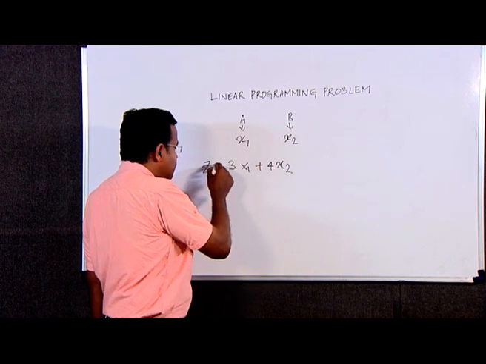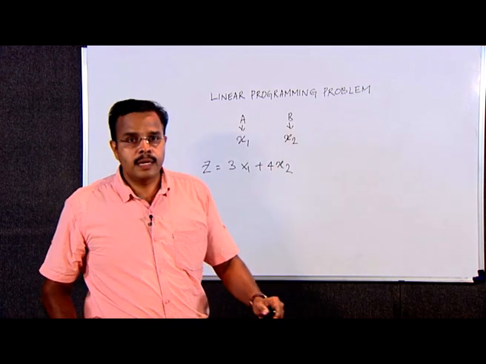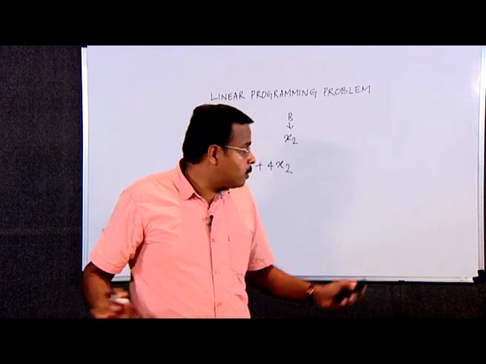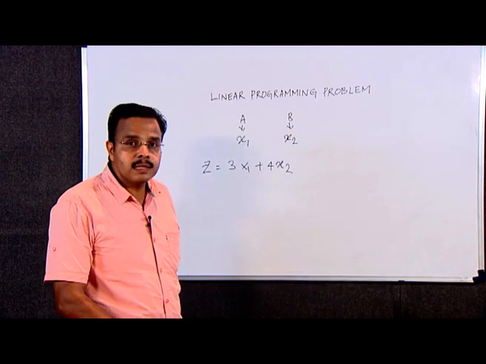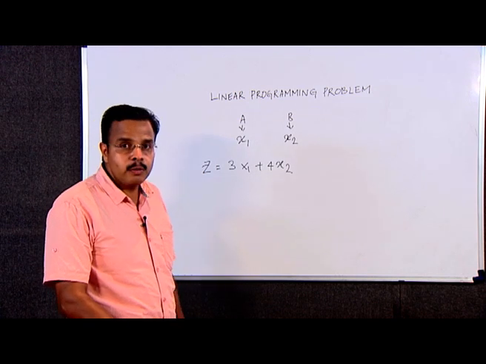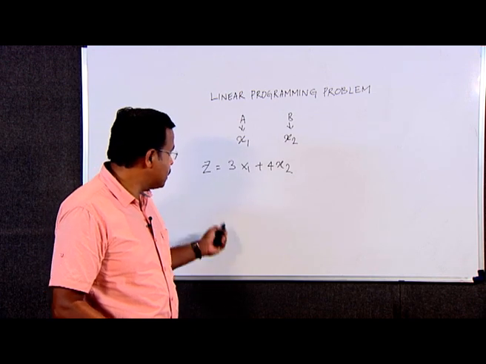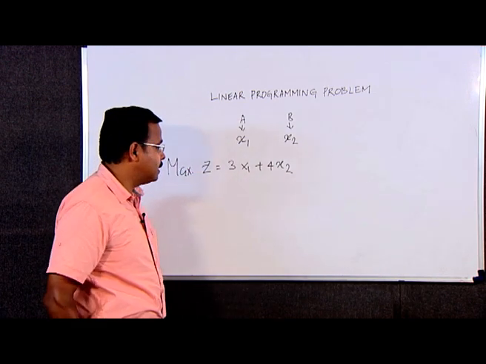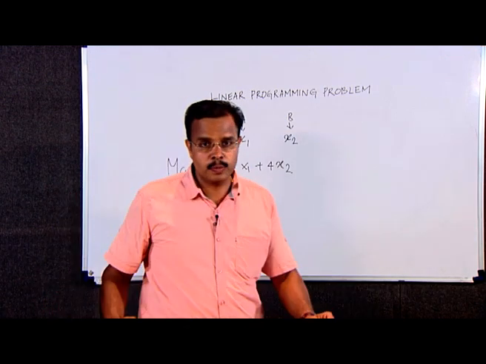Let it be Z equal to 3 x1 plus 4 x2. Now, the problem comes to maximize the value of Z. That is, the objective function of the problem is to maximize Z equal to 3 x1 plus 4 x2.